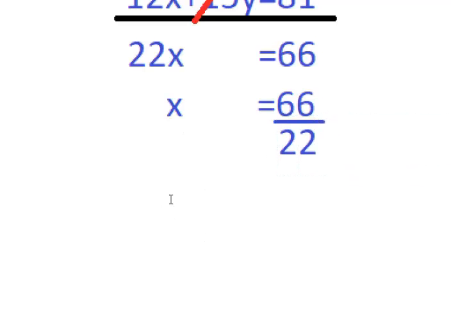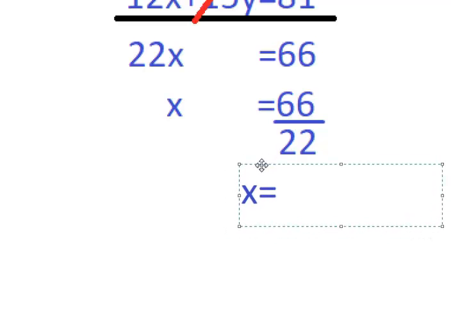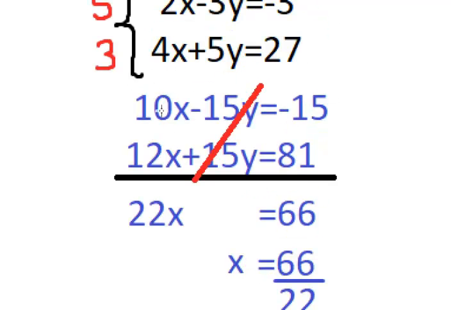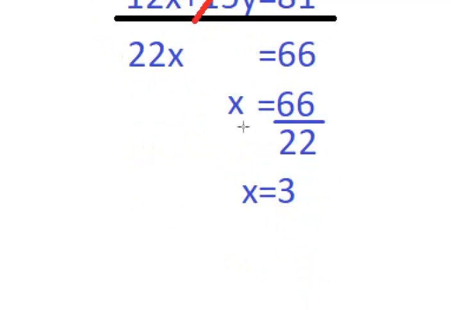Now what is the answer for 66 divided by 22? Give me x equals what? 66 divided by 22, that will be 3, yes? Okay, I can even move this x a little bit here. That one no, because it was the answer when you were adding, okay? So x equals 66 divided by 22, x equals 3.